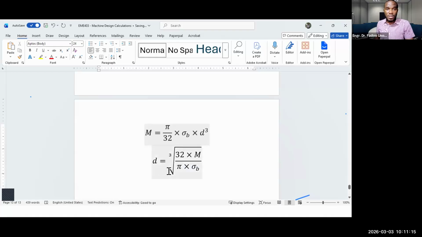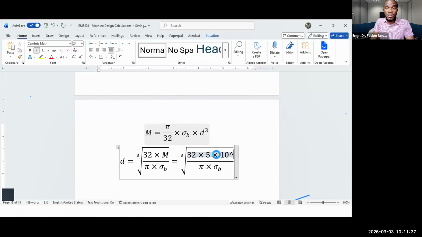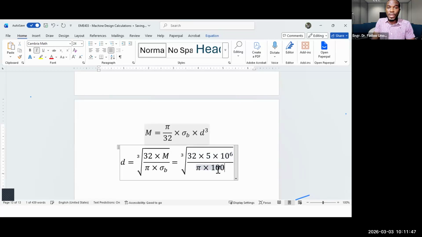So we can write in this equation that this equals the cube root of 5 times 10 raised to the power 6 newton millimeter, divided by this value here, which is 100 newton per millimeter squared.